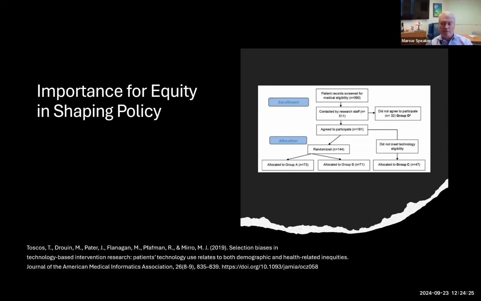But the interesting piece with this study was that they went back and compared Group C with the intervention groups, Groups A and B. And what they found was that there were significant differences between these two groups. For example, 23% of Group C did not graduate from high school, whereas only 5% from the combined A-B group.